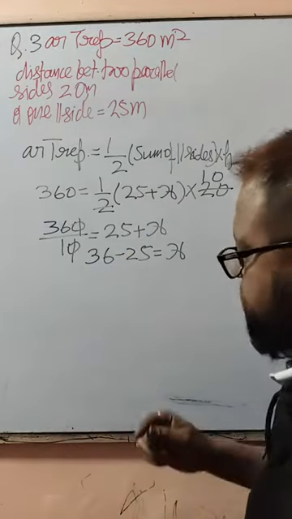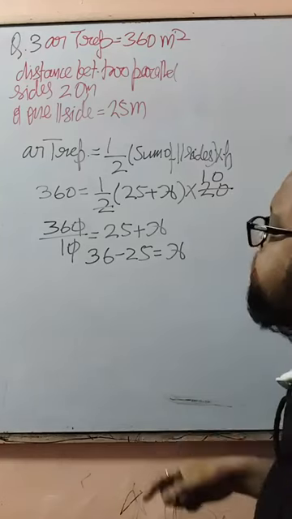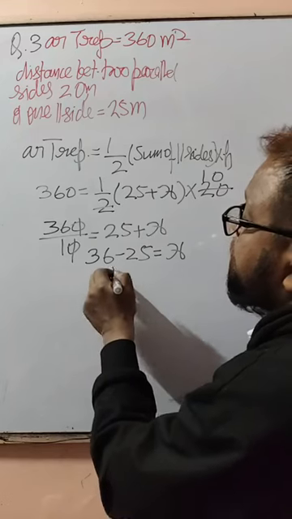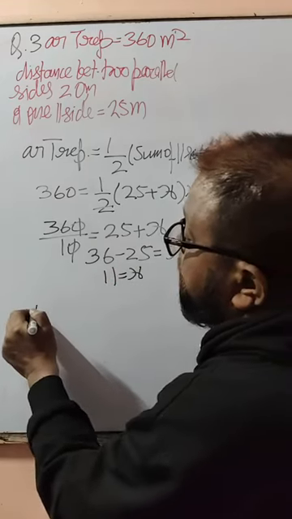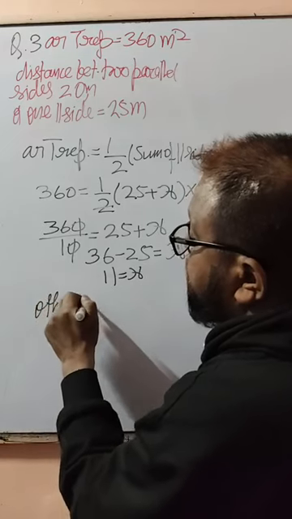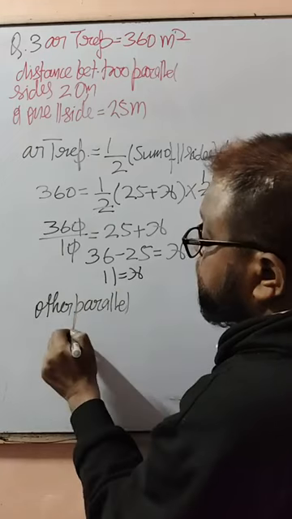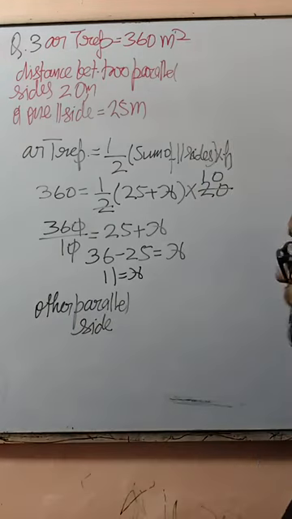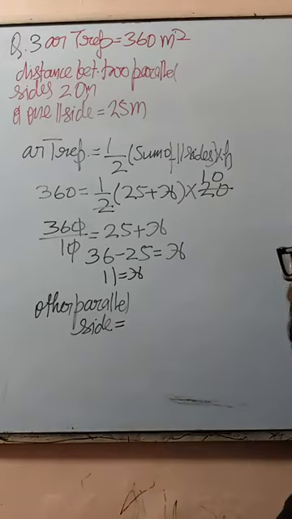So what is it? 11. So x is equal to 11. So the other parallel side is equal to 11.